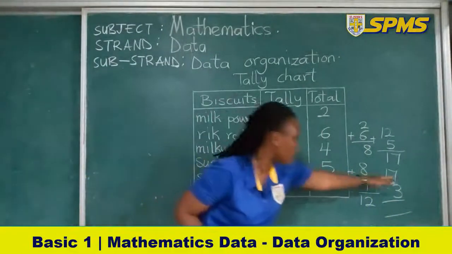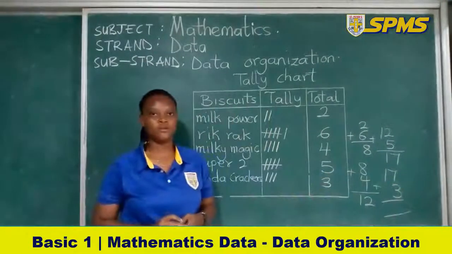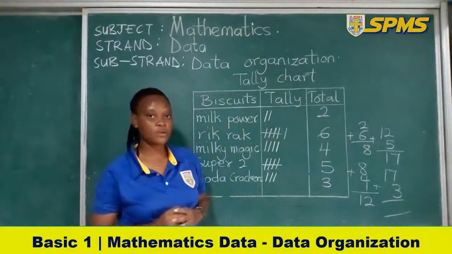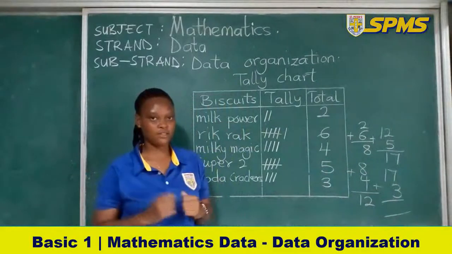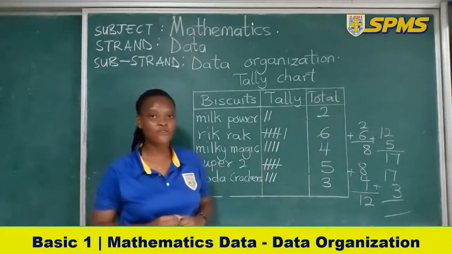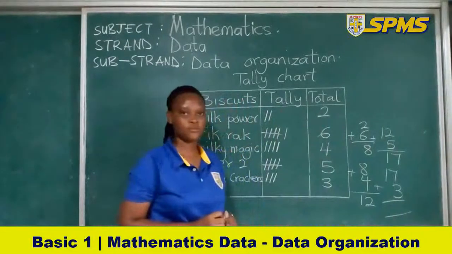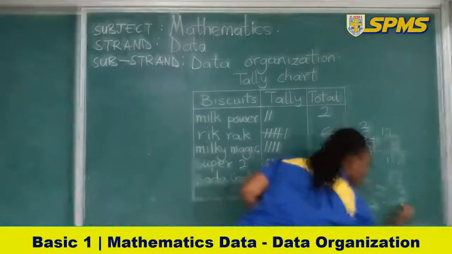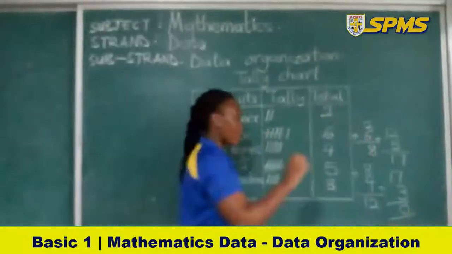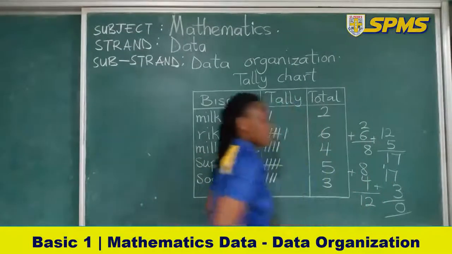So 7 plus 3, what do we have? 10. But we don't have to write everything here. Put our 0 here and then carry on the 1.